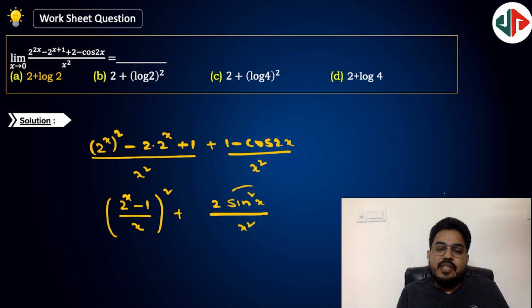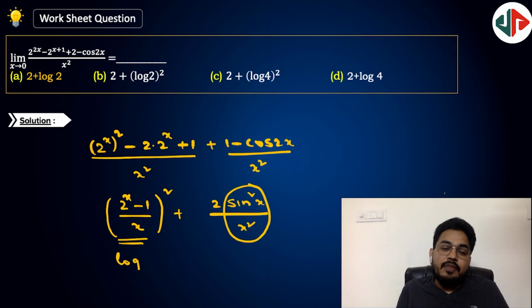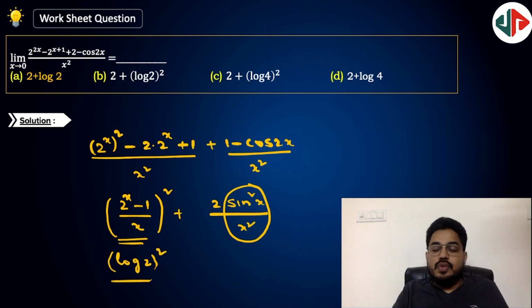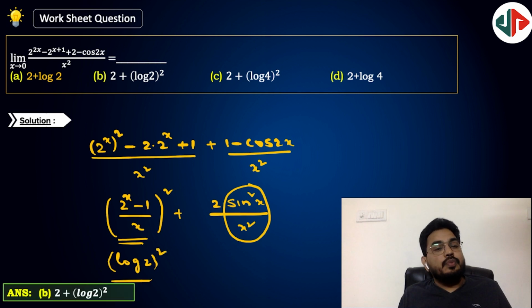So this value is equal to 1, and this value is equal to log 2. So the answer will be log 2 whole square plus 2, because you are using the property a power x minus 1 by x.